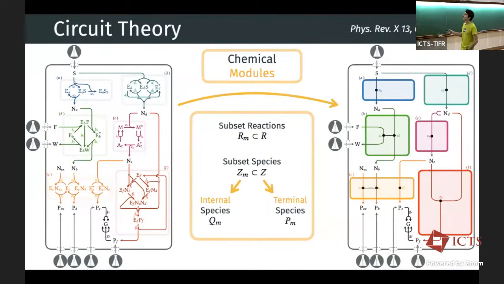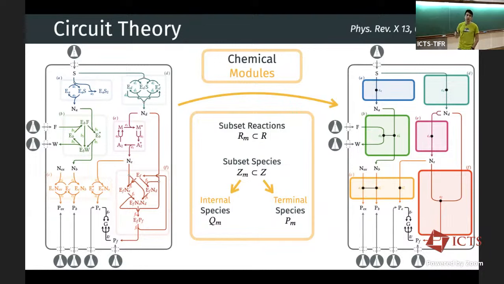We want to split them in subsets of reactions that interconvert a subset of species. The label M stands for modules, because the idea is to group subsets of reactions and characterize them in a simpler way in terms of these modules. The species that are interconverted by only the subset of reactions can be split into two sets.